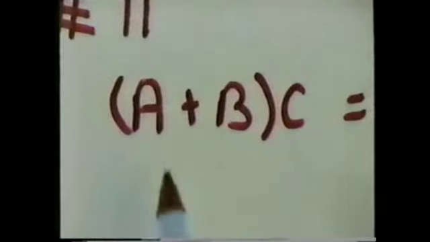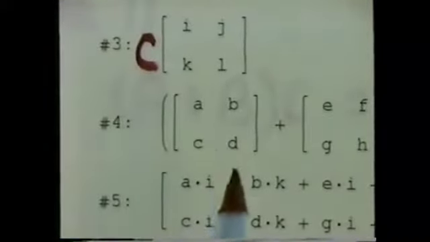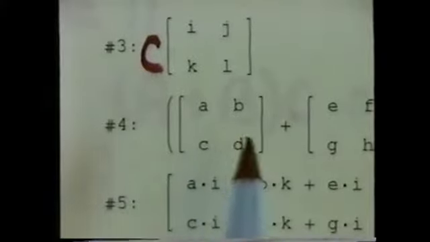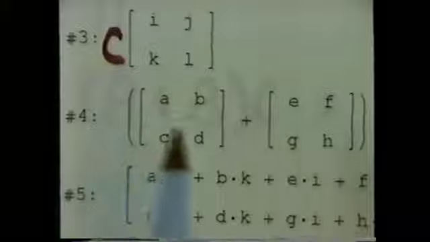So now if we look at the left side, A plus B times C, it's going to be matrix 1 plus matrix 2 times matrix 3. In fact, that's how I went to Derive, hit author, hit expression, and said number 1 plus, or parentheses, number 1 plus number 2, close parentheses, times number 3.